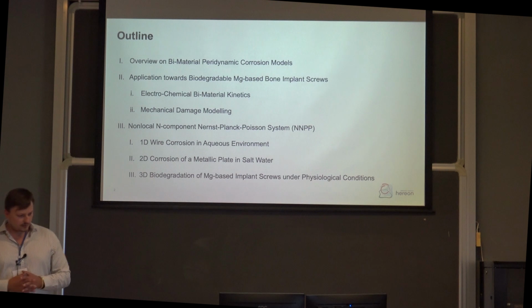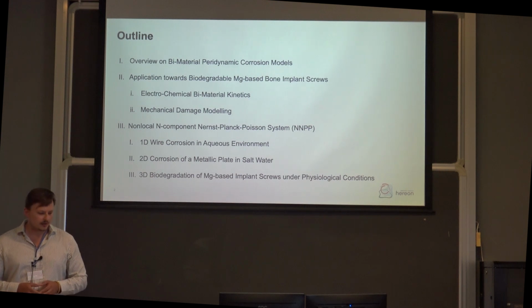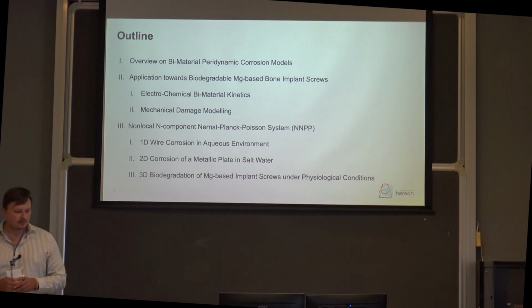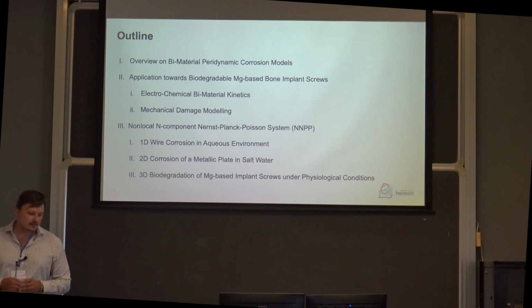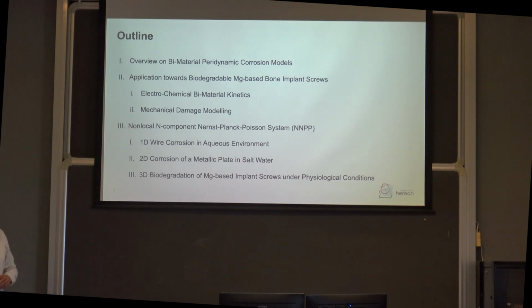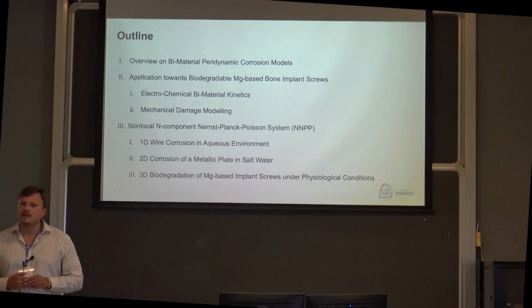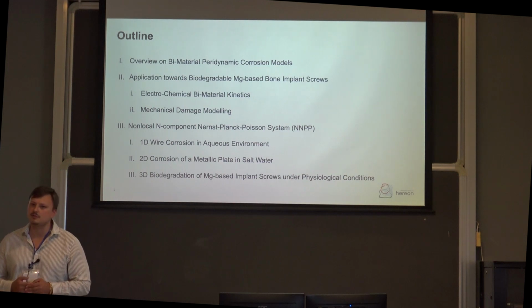Then the continuation of this work consists in our proposed system of non-local Nernst-Planck-Poisson equations in order to capture different species and different components in our domains. And then we will go through some numerical examples in 1D, 2D, and 3D and compare them with other approaches, for example, phase field methods that have been established before that.